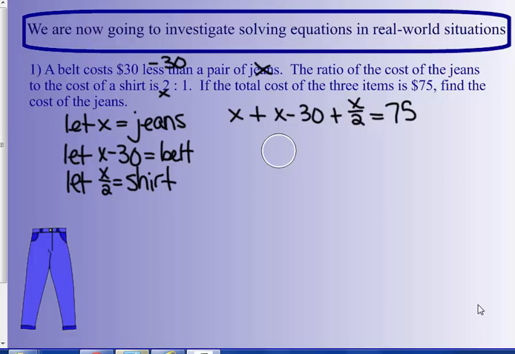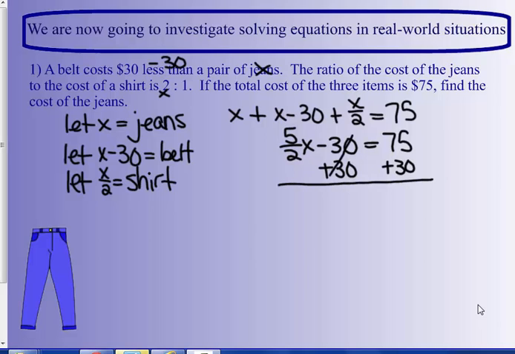I think I'll leave it as 5/2 x's, which makes it easier. 5/2 x minus 30. Adding 30 to both sides, I get 5/2 x equals 105.